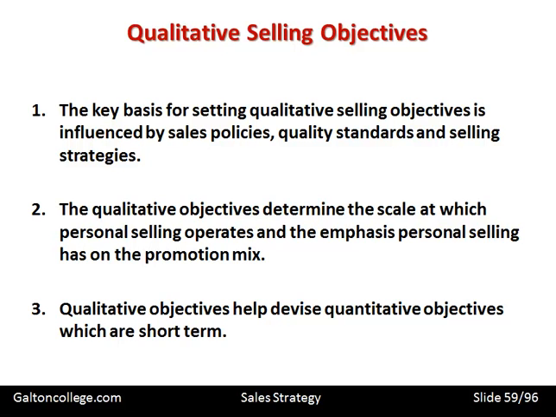So qualitative objectives help devise the quantitative objectives. The quantitative objectives tend to be short term, but I think in this type of discussion it's important to not be too rigid in separating out qualitative and quantitative. There is a big overlap.